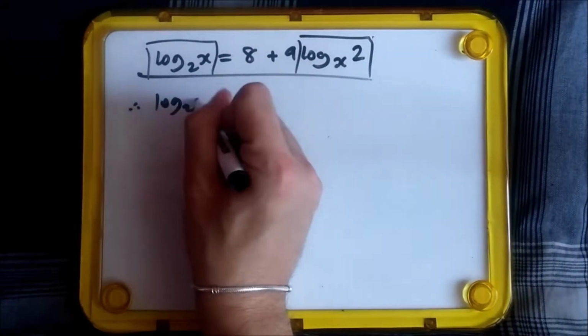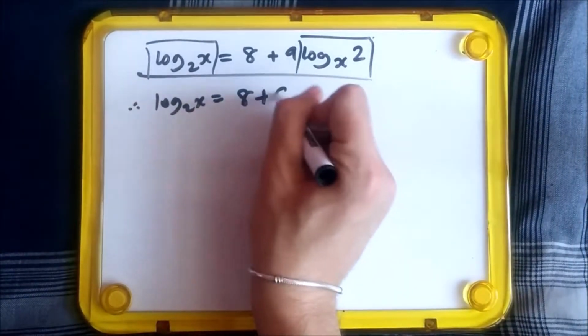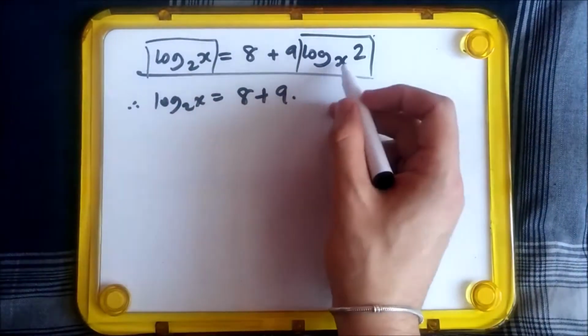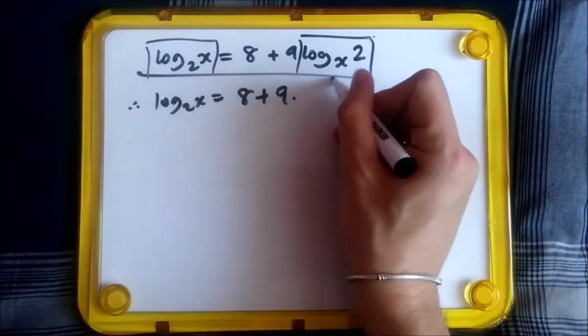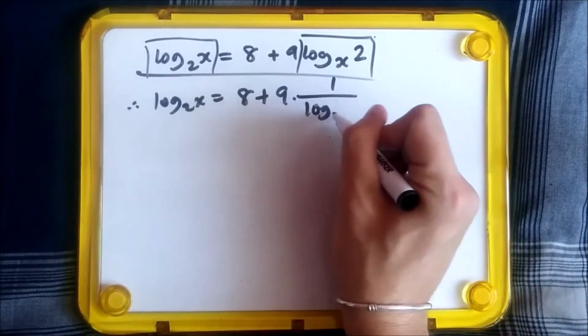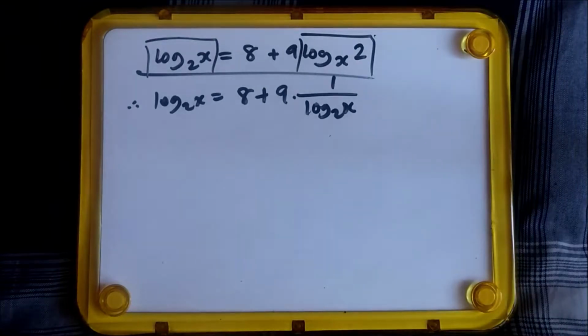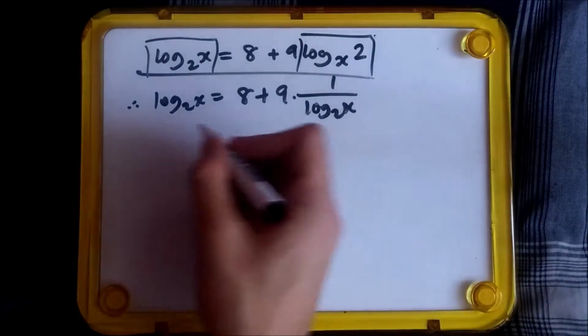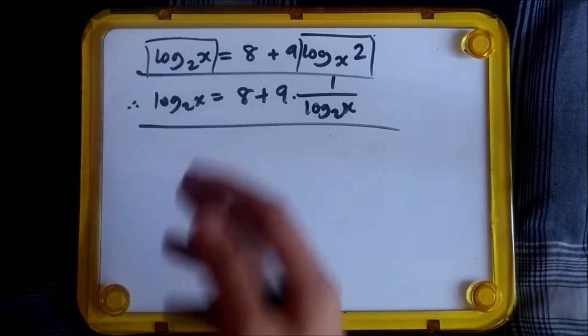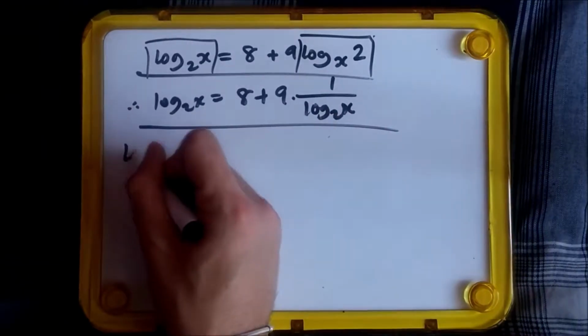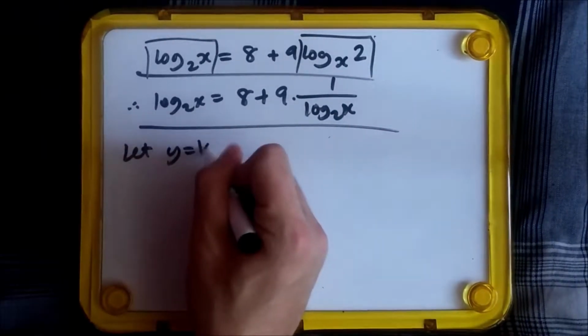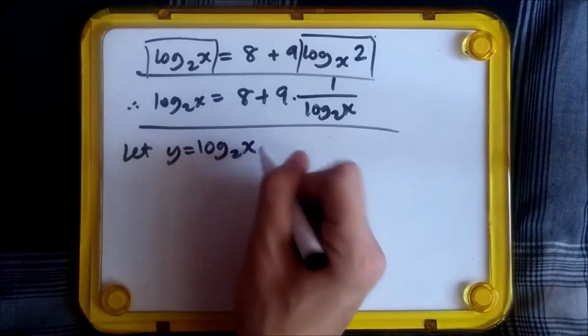So what do I mean by that? Well, let's copy out everything else. The cool thing about this feature is that if we take the reciprocal, then this will become the same. So this is 1 over log 2x, so the reciprocal of this is 1 over that. Now all we do at this stage is use some nice algebra. Let y equal log to the base 2 of x.